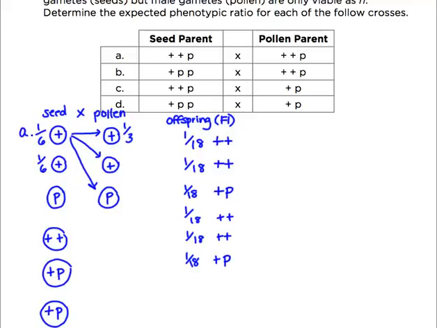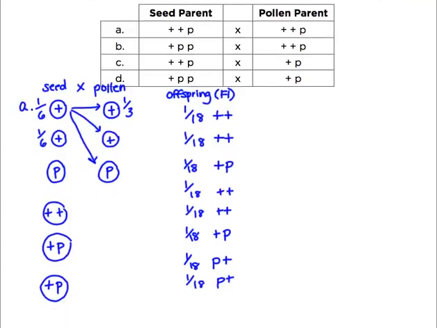Okay, now you have P, so 1/18th P plus, 1/18 P plus. Okay, so these accounted for these 3 N gametes from the seed parent. Now let's look at the N+1 gametes. So again, all the probabilities are going to be 1/18th.